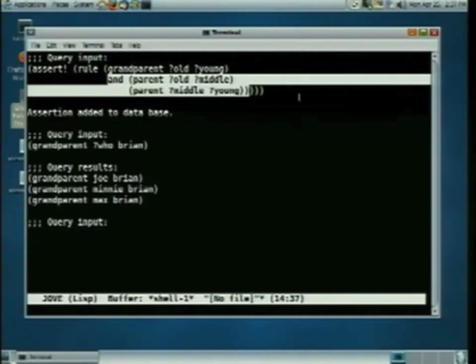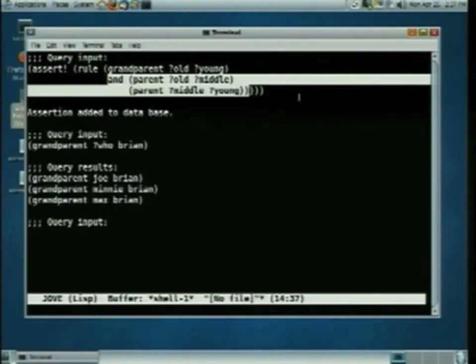Well, now what it has to do is try to match two queries about parent, namely parent ?old ?middle, parent ?middle ?young. But just as in Scheme evaluation, queries are evaluated in an environment.